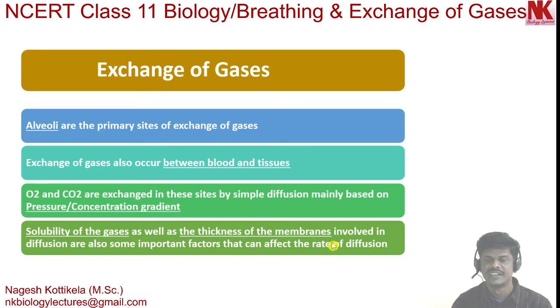So these are the various factors that can affect the rate of diffusion. One factor is pressure or concentration gradient. Second, solubility of the gases. Third, the thickness of the diffusion membrane or respiratory surface. So these factors affect the rate of diffusion.